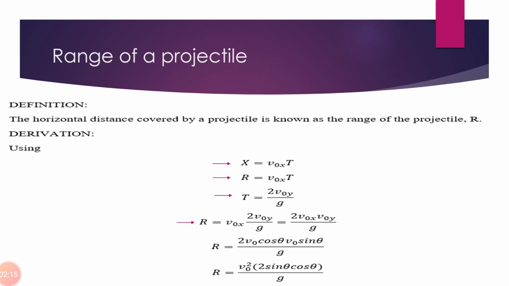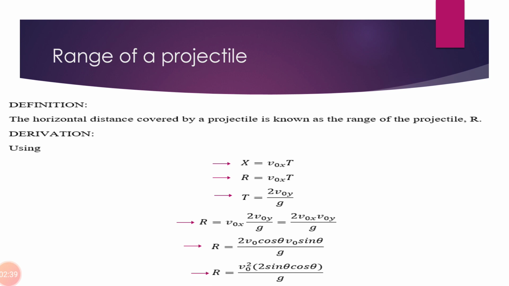Now, as we know that v0x and v0y are the rectangular components of the velocity of the projectile, we replace these with their terms: v0x is replaced by v0 cos theta, while v0y is replaced by v0 sin theta.